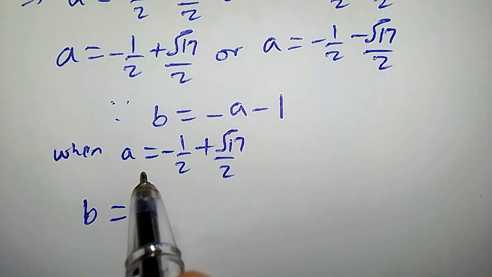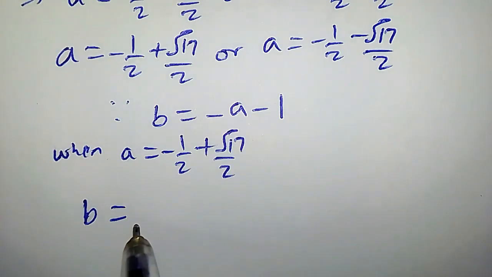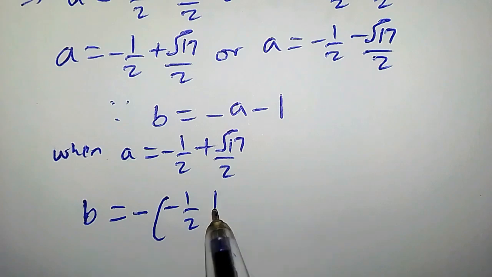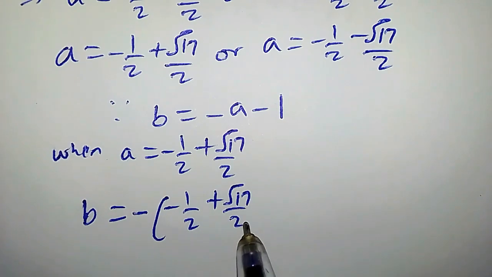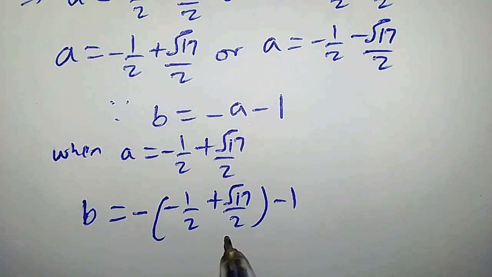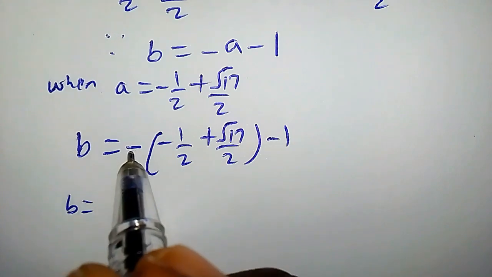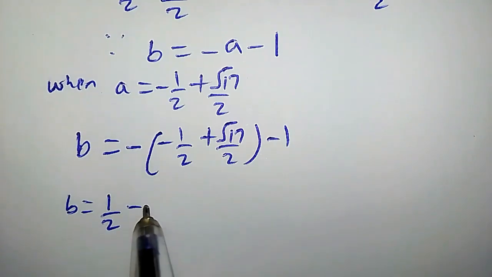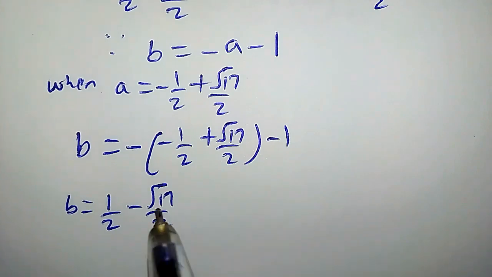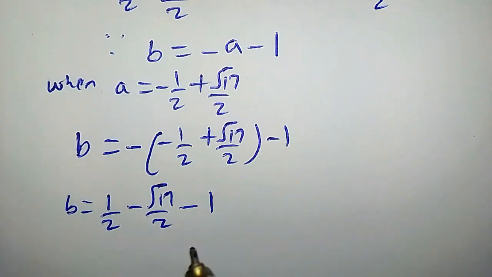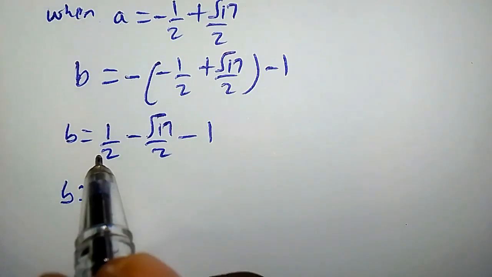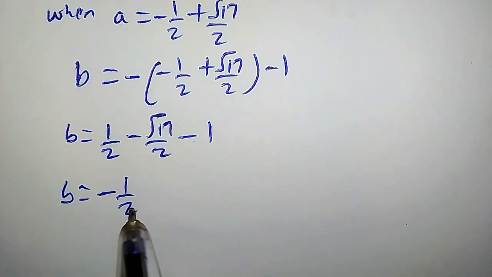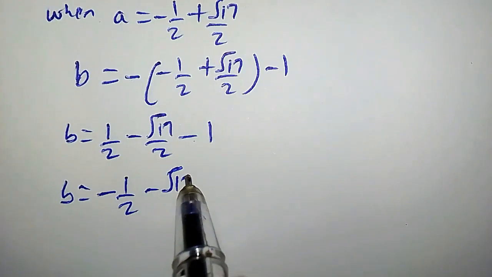B is equal to, plugging the value of A into this, minus (minus 1 over 2 plus square root of 17 over 2) minus 1. B equal to minus times minus half, that is 1 over 2, minus times plus, that is minus square root of 17 over 2, minus 1. B equal to 1 over 2 minus 1, that is minus 1 over 2 minus square root of 17 over 2.